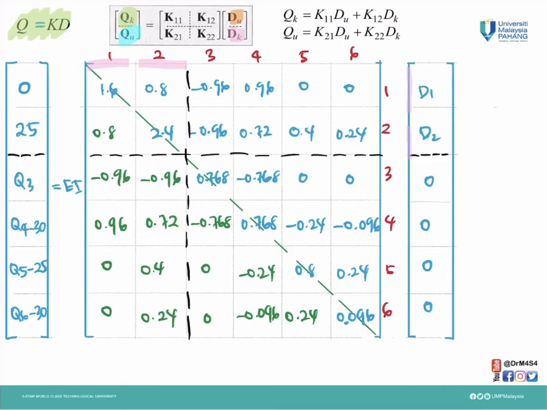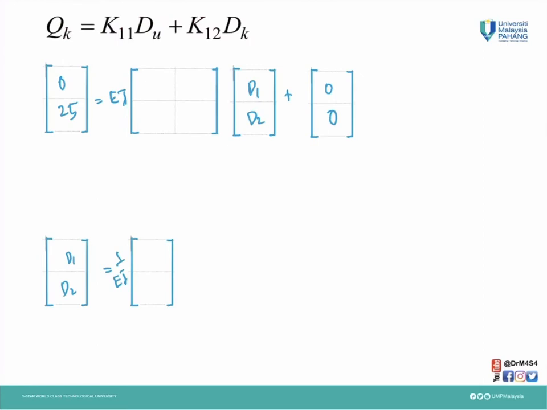You have a few equations, then you solve them by using simultaneous equations, or you can use matrix reduction to solve your matrix and you get the answer. From the main matrix, we can split into two equations. For QK, we can find displacement.